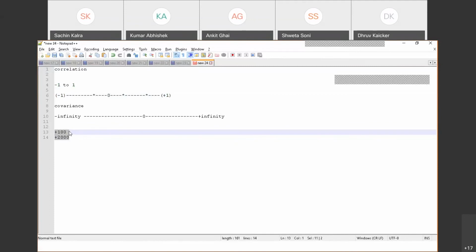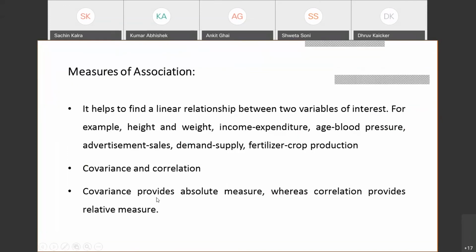It cannot be measured, right? So correlation is nothing but a standardized form of covariance. When we divide the covariance by the standard deviations of both x and y, we get the correlation. So covariance provides an absolute measure, whereas correlation provides a relative measure. And a relative measure is more important than the actual measure.